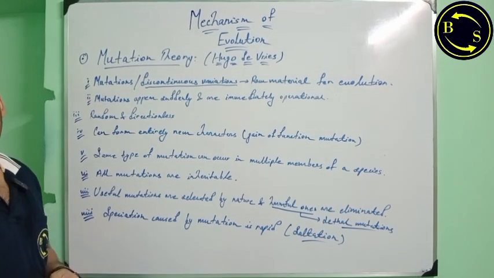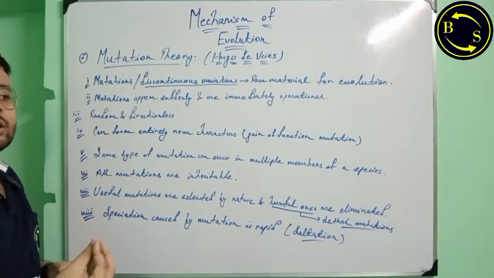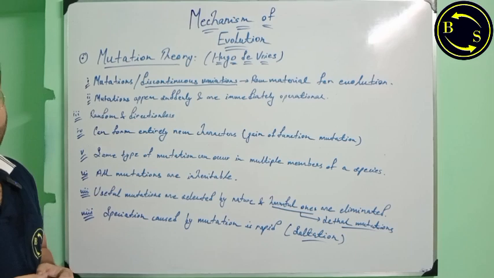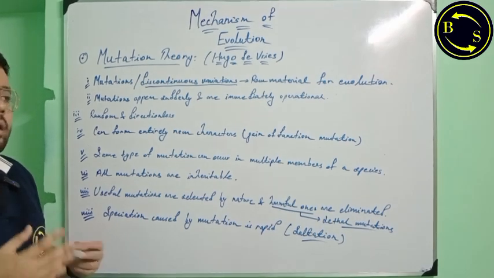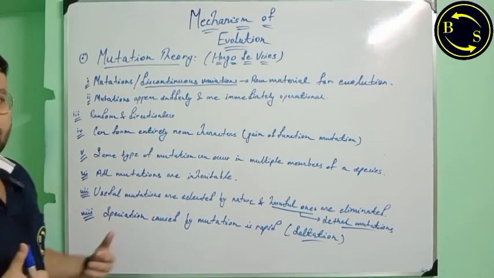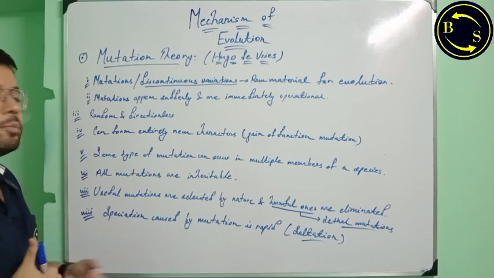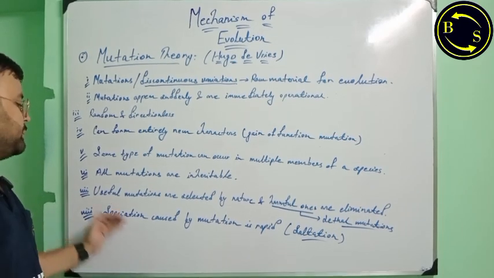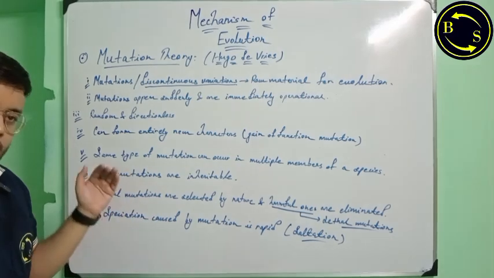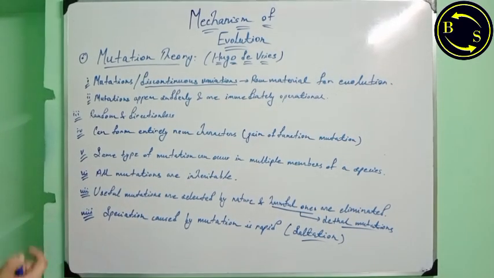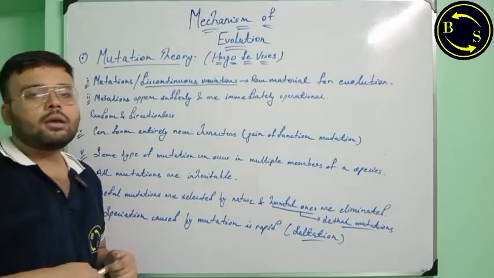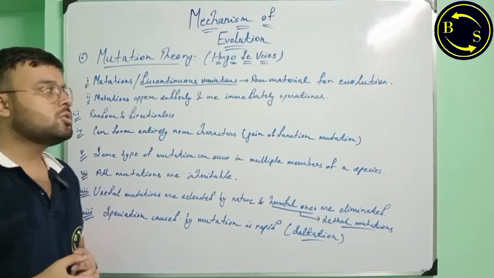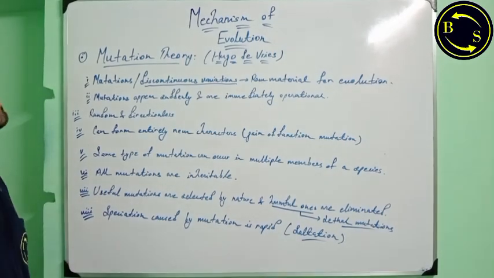If mutation was absent, to reach that current level of survivability and adaptability, it would have taken millions of years, but thanks to mutation, it may have taken only a few thousand years. So speciation caused by mutation is rapid, and Hugo de Vries termed it saltatory evolution or saltation. So this is all that we need to know about the mechanism of evolution and the mutation theory of Hugo de Vries.